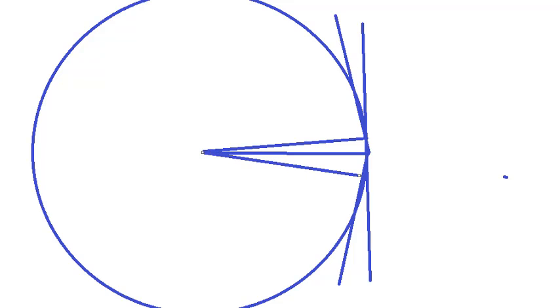Since the small element is making an angle d theta here, this is d theta. So this angle will also be equal to d theta. This angle is also equal to d theta. So tension will have two components. One component towards the center, and the other component tangential.